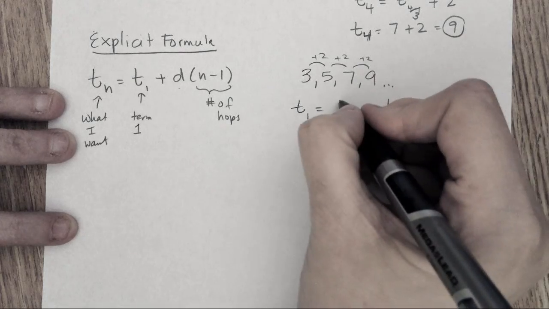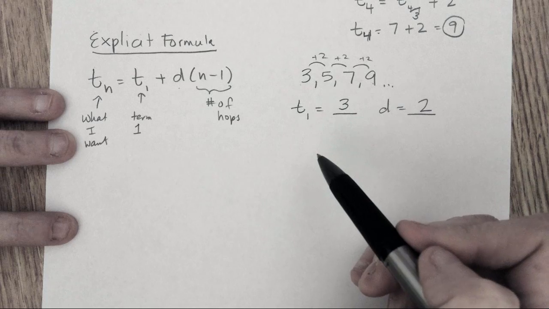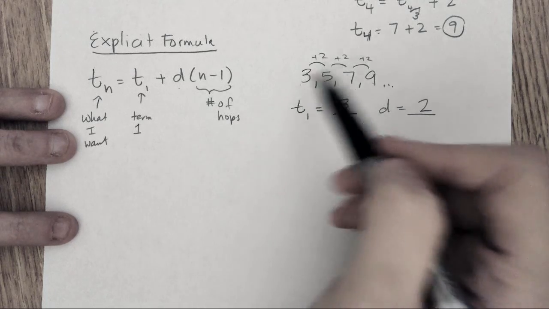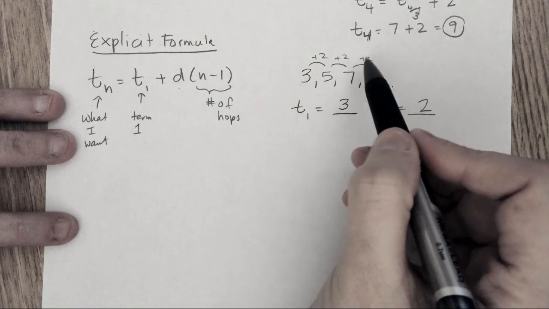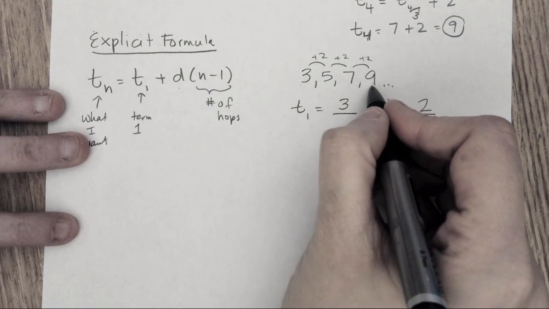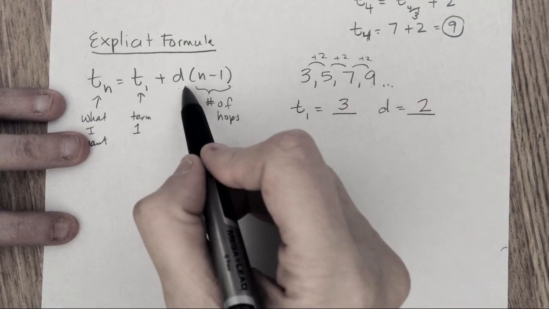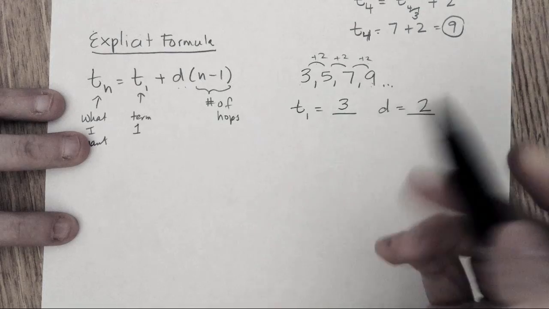The first term in my sequence is 3. So, if I want to get from 3 to 9, what do I have to add? I have to add 6, which is 2 plus 2 plus 2. So to get from the first term to the fourth term, I have to add my difference 3 times, which is 1 less than my term number.